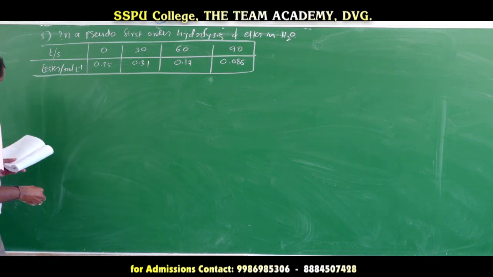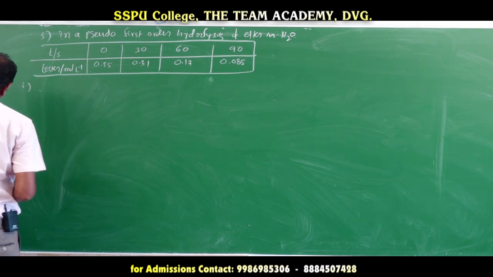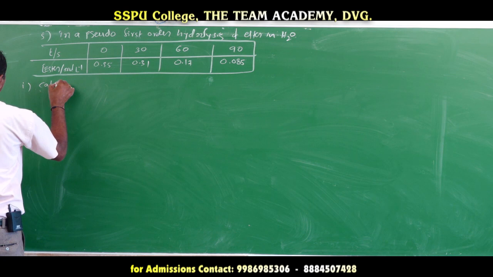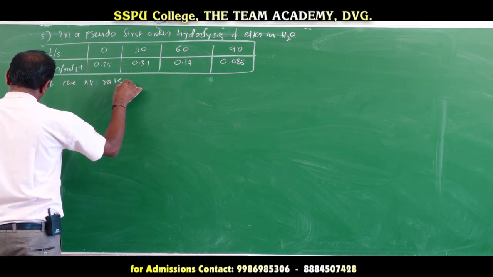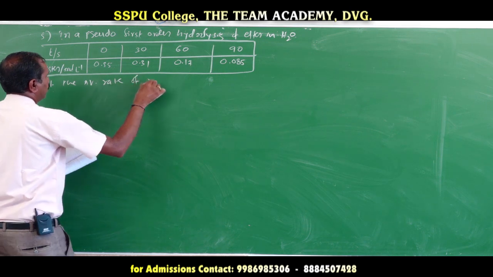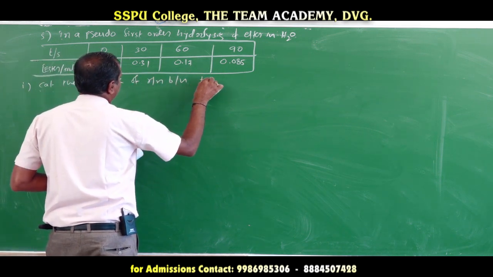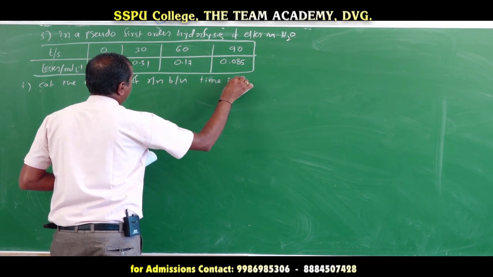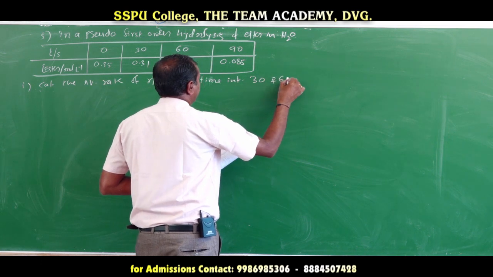So first question, calculate the average rate of reaction between the time interval 30 and 60 seconds.